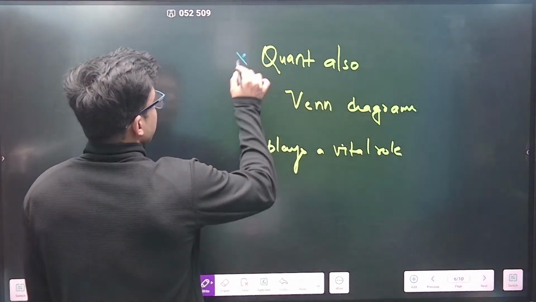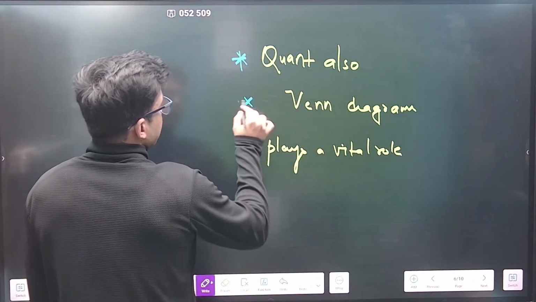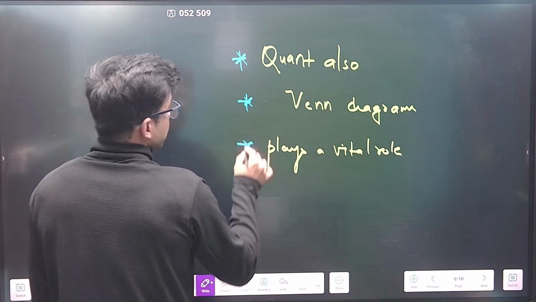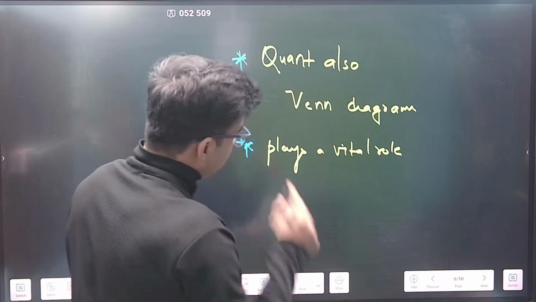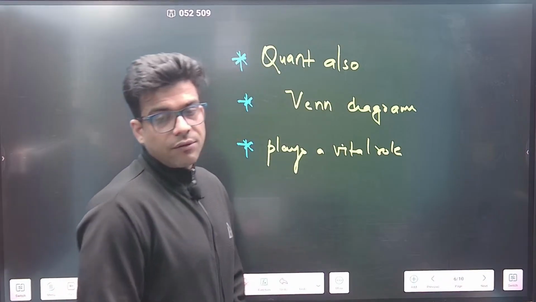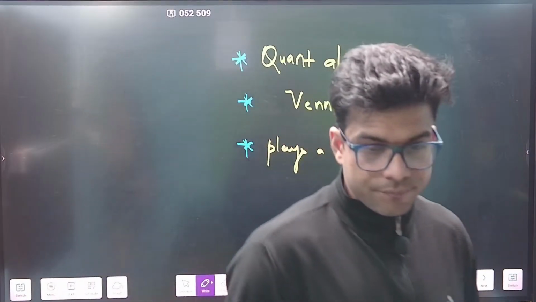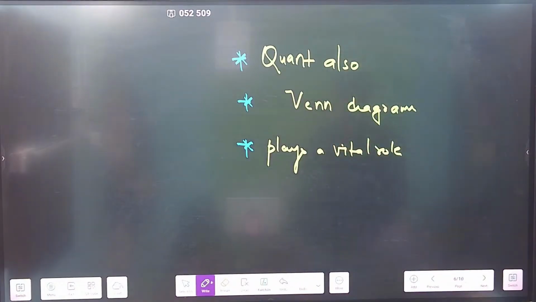If you have the ability of solving the questions of Venn diagram, you are going to kill it, because the concept around the Venn diagram is the same as we are solving in DI. Concepts are the same, everyone, as we are solving in DI.